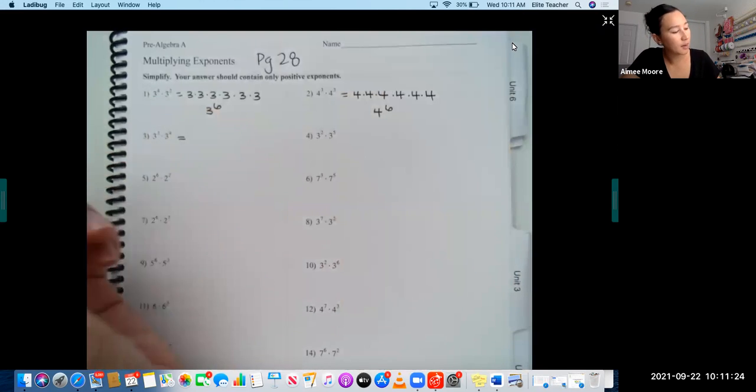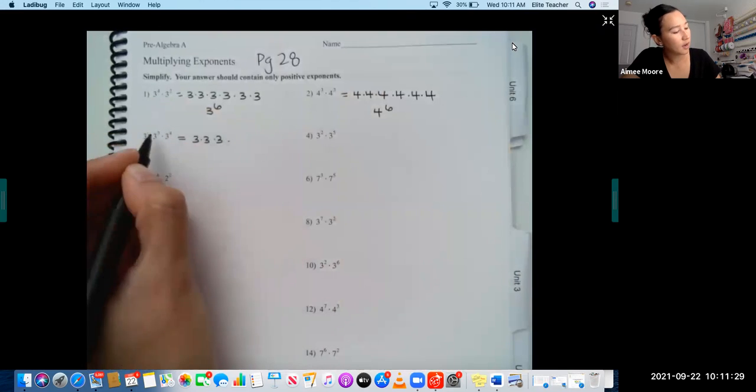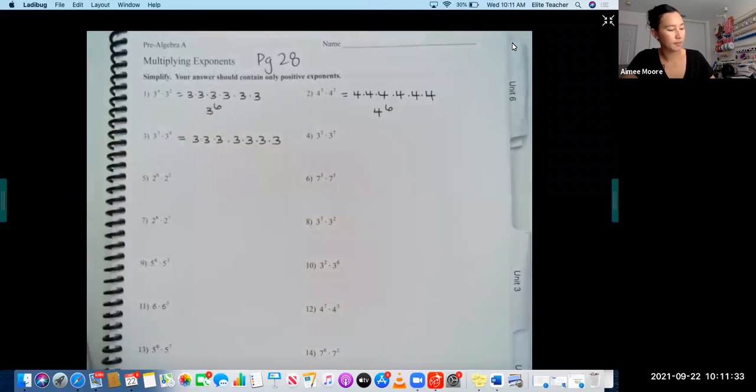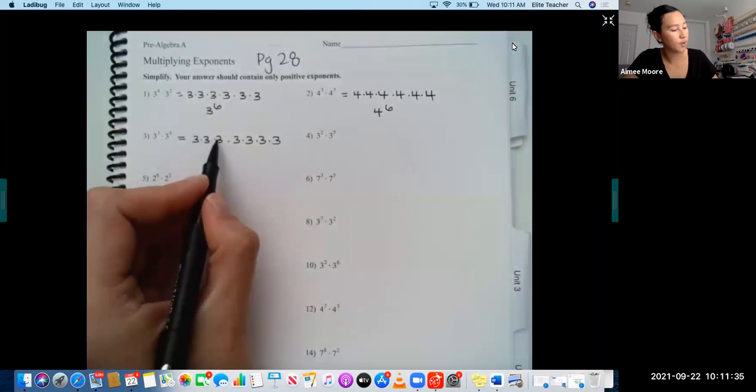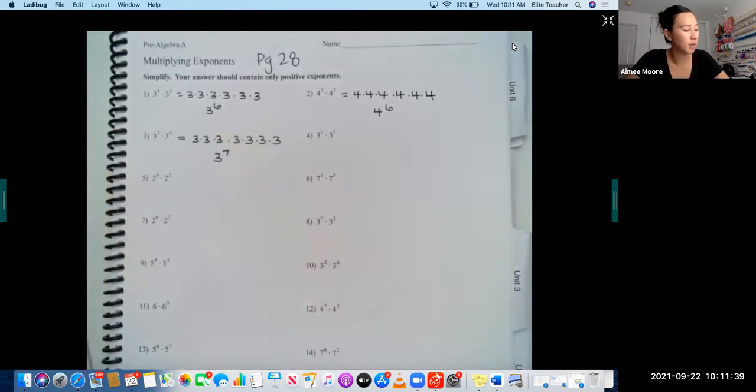Three to the 3rd times 3 to the 4th. 3, 1, 2, 3, and then 3 to the 4th, which is 1, 2, 3, 4. So there's 1, 2, 3, 4, 5, 6, 7. So the answer would be 3 to the 7th power.